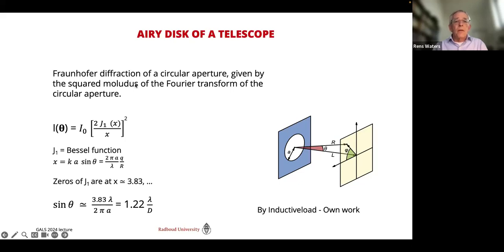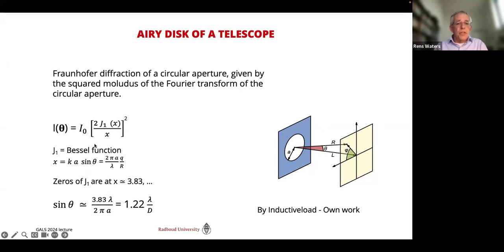And so if you think of a telescope as a circular aperture, the Fraunhofer diffraction can be seen as the intensity as a function of angle: a normalized intensity times the Bessel function, where this parameter x is k times a times sine theta, and it gives you a number of zero points. That's because of the shape of the Bessel function at these angles, sine theta.